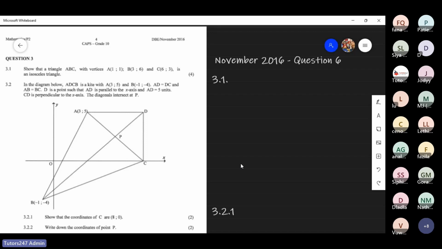So before we even look at that question, let's have a look at our types of triangles. We've got 4 types of triangles. We've got a right-angled triangle, we've got a scalene triangle, an isosceles triangle, and we've got an equilateral triangle. So let's start with the first type. Let's do an equilateral triangle first.